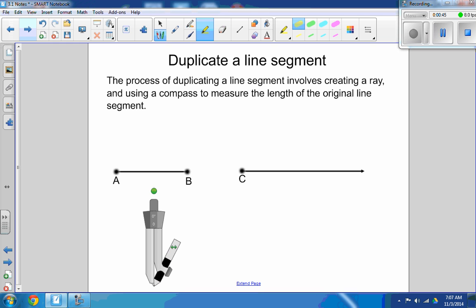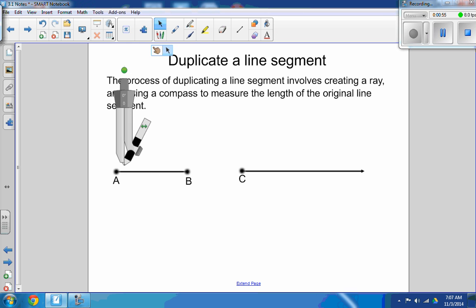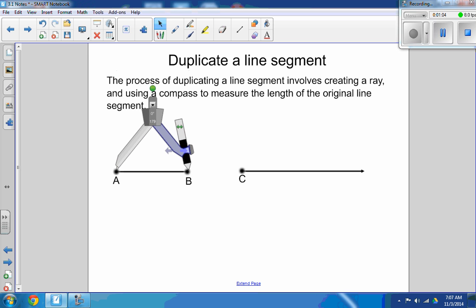The process of duplicating a line segment involves creating a ray and using a compass to measure the length of the original line segment. So I'm going to take my compass and put the point of rotation on point A. I then expand my compass so that the other point is on point B. And I'm going to make an arc just so we can visibly see that I created something that is that length.